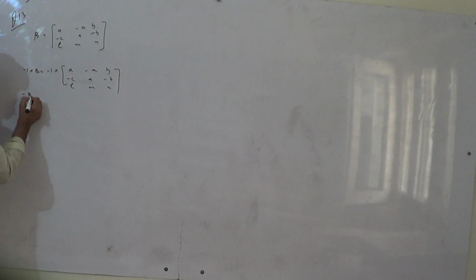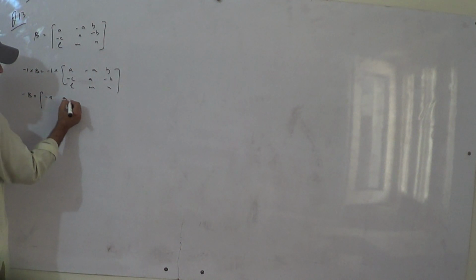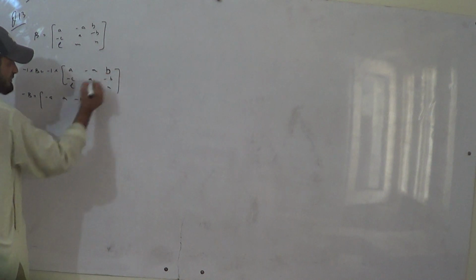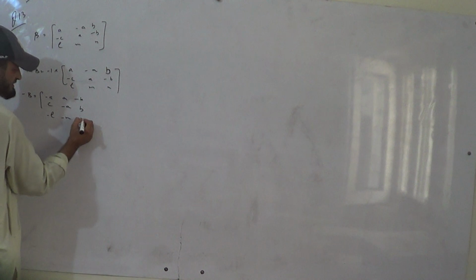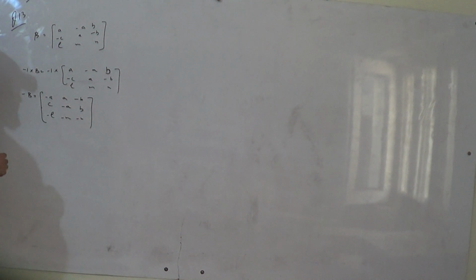Now, minus B, equal to minus A minus B, C minus C, B minus N, minus M and minus N. These are called additive inverses. Now, question number 14.